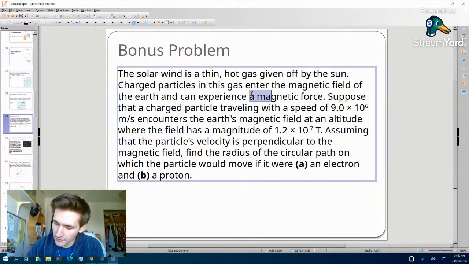So F equals 1.602 times 10 to the negative 19 coulombs, times the velocity, 9.0 times 10 to the 6 meters per second, times the magnetic field, which is 1.2 times 10 to the negative 7 Tesla.